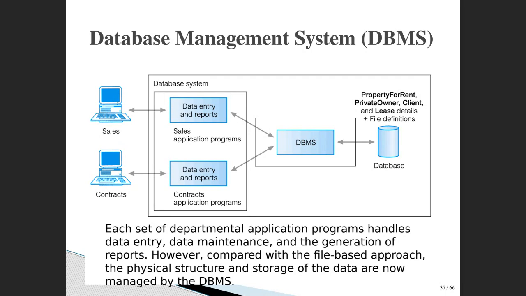Both departments here in this example, sales and contracts, are interacting with the database management system, which allows access to the database. So here we have data entry and reports for the sales application programs, and data entry and reports for the contracts application programs. It will be handling the data entry, for example, data maintenance and generation of the reports.